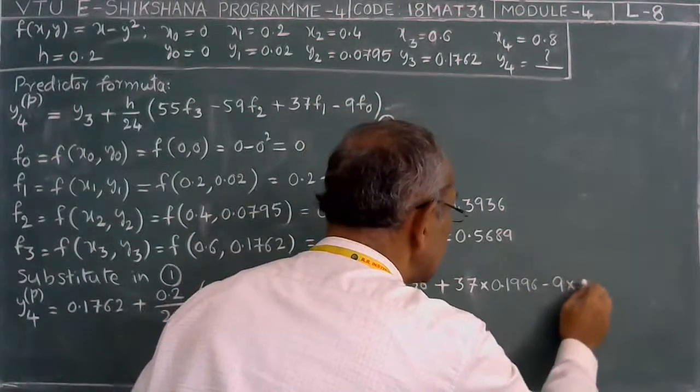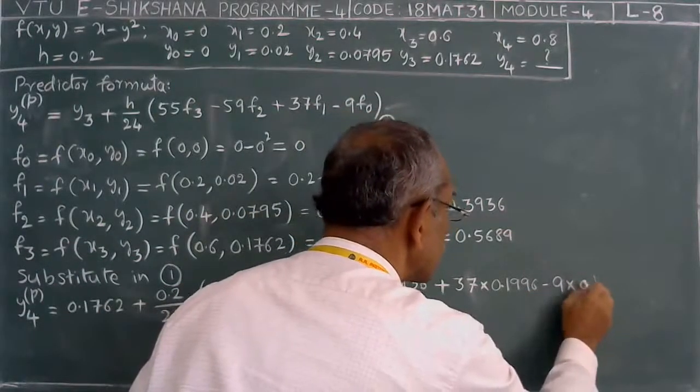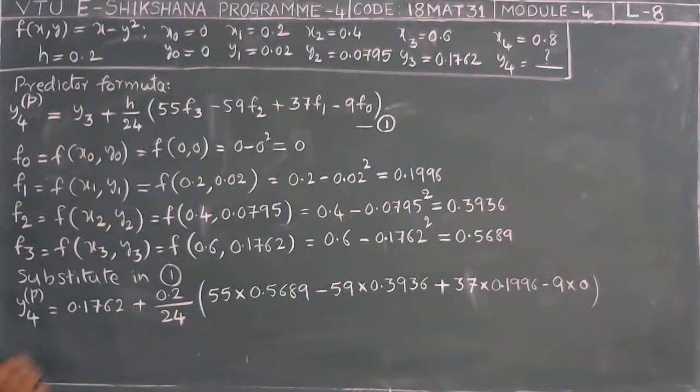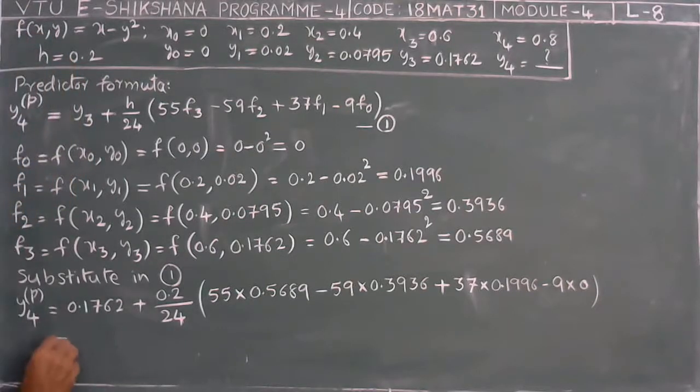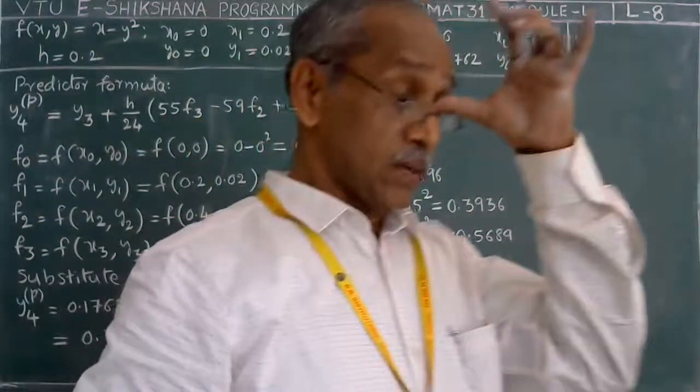Minus 9 into 0. So if you carefully compute using calculator, Y4P will be 0.3049. So this is the predicted value of y at x is equal to 0.8.